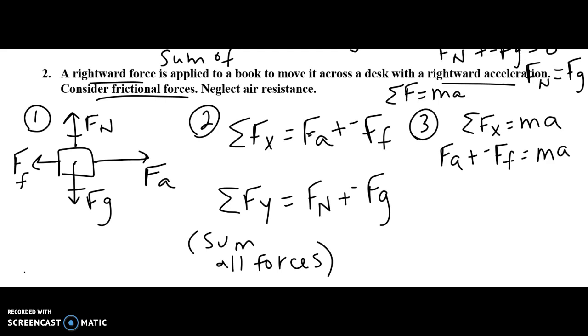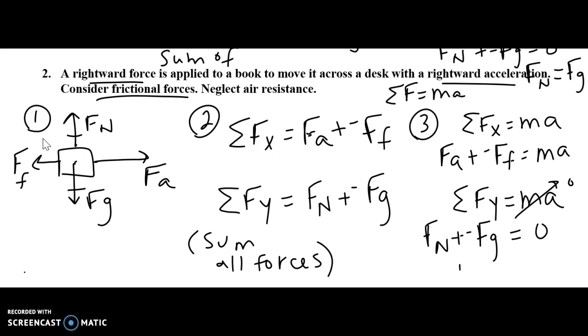It says it has a rightward acceleration, so I'm going to leave that as is. In the y direction, I know it's Fn plus negative Fg, and I know my acceleration in the y direction is 0. So Fn must equal Fg in the y direction because there's no acceleration.